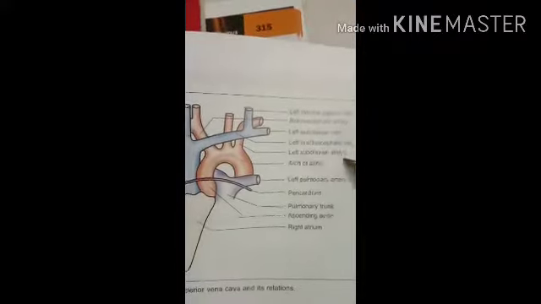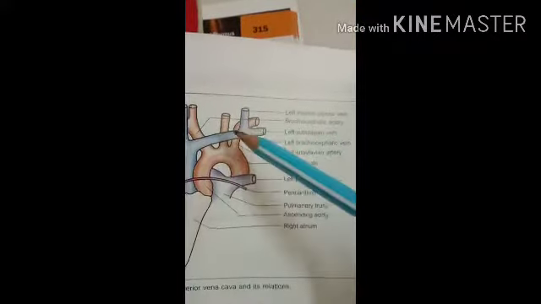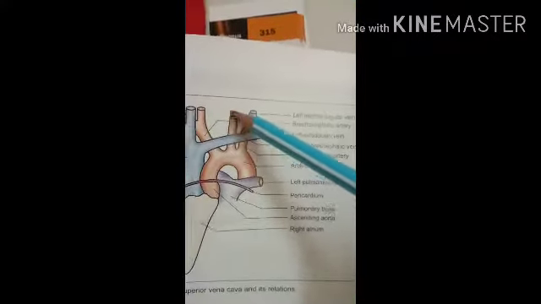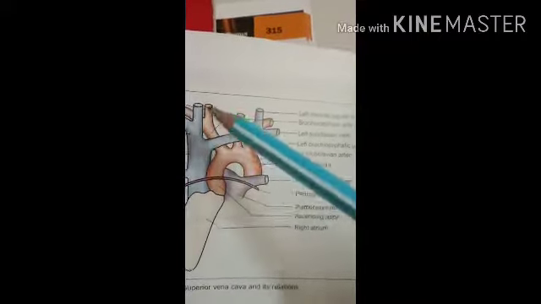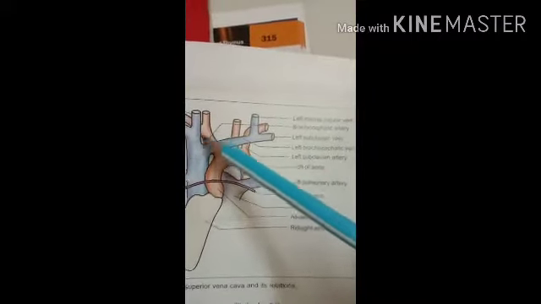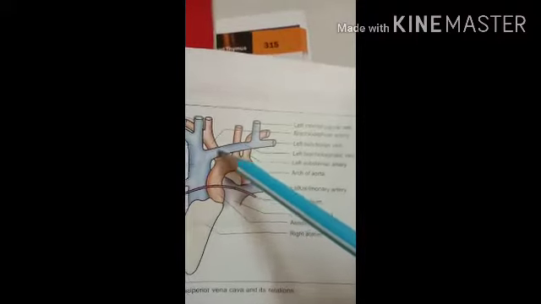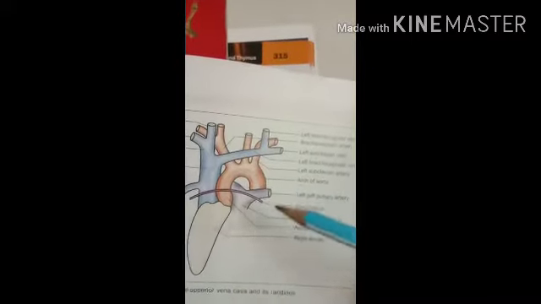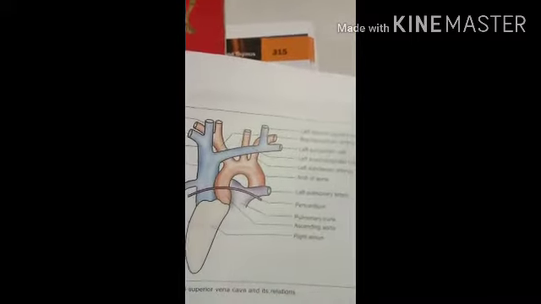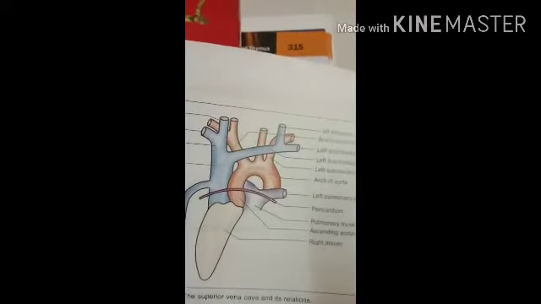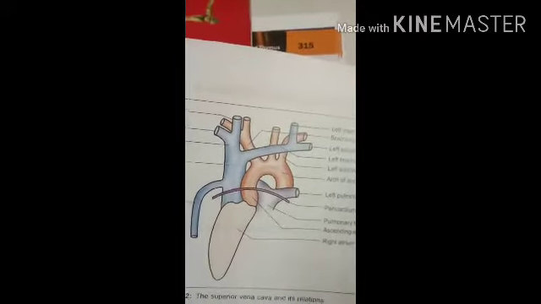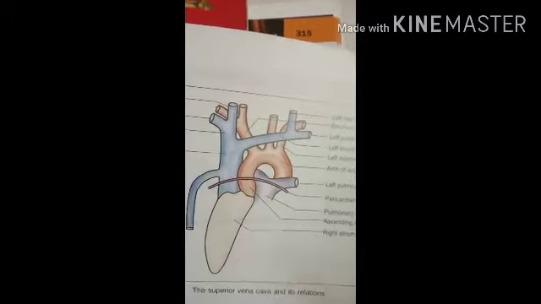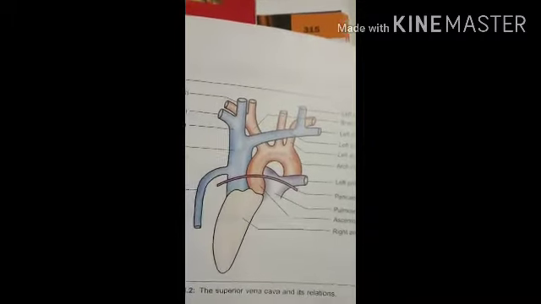The second is the left common carotid artery, this one, and the third is the brachiocephalic trunk or brachiocephalic artery, which is again divided into the right common carotid artery and the right subclavian artery. So in this way it gives the three major branches. So that is the arch of the aorta. After that we have to see the descending thoracic aorta, this one.